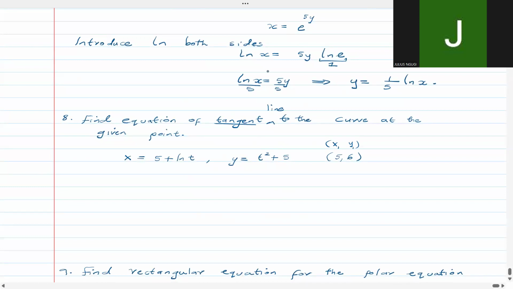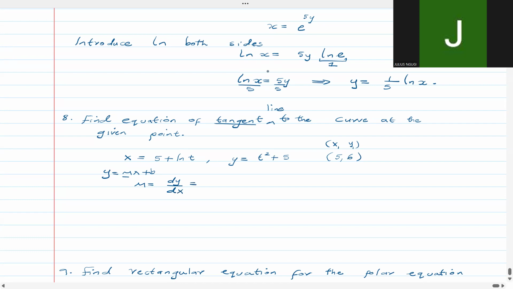The equation of a tangent line is always given as y equals mx plus b. So what we need to find is m, and to find m, we need to find the derivative dy dx.